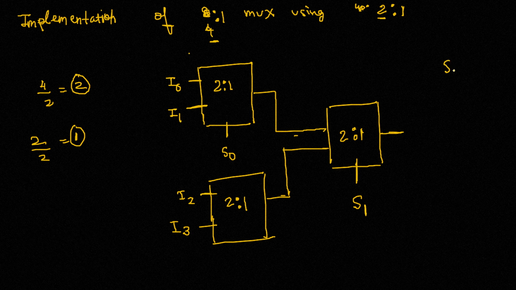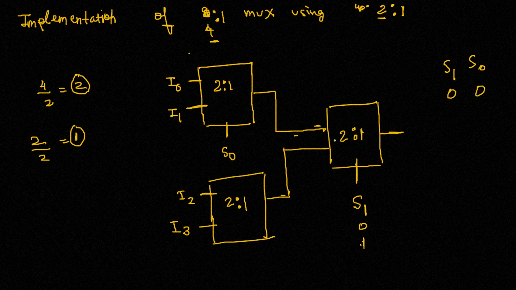So first let's take S1 as 0 and S0 also as 0. If S1 is 0, then, as I mentioned while talking about a 2 cross 1 mux, the first input will be taken, and if S1 is 1, then the second input will be taken.